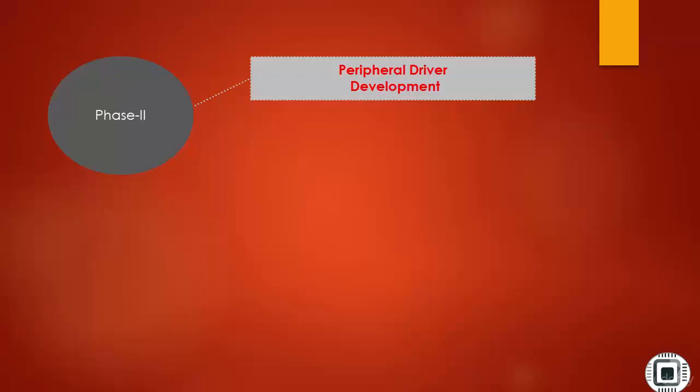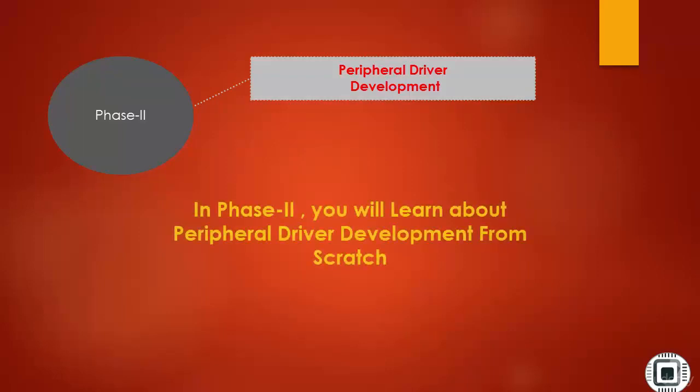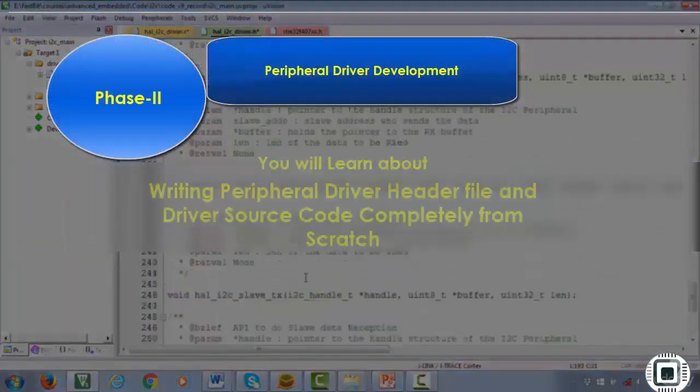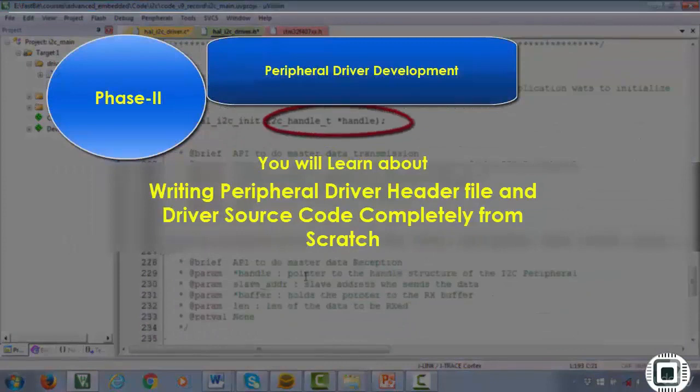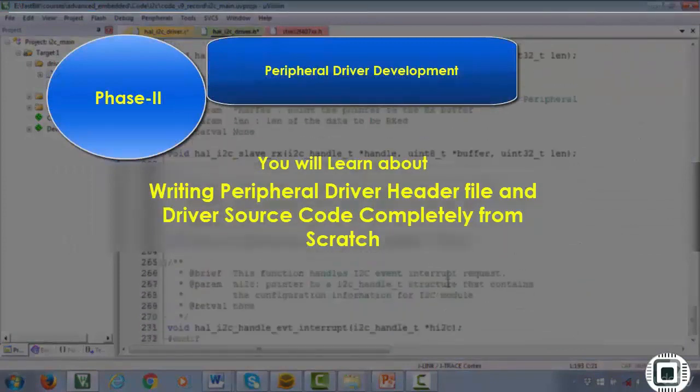By gaining full confidence about the peripheral in phase 1, in phase 2 we start implementing a driver code for the peripheral. In this phase, let's first write the peripheral driver header file followed by the driver source code.